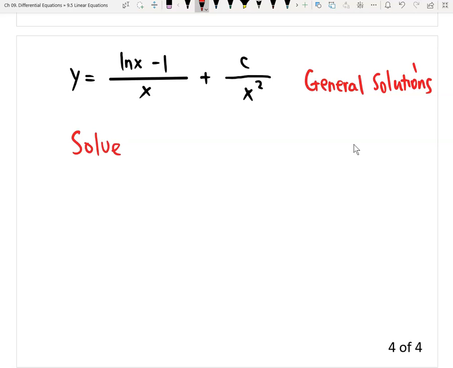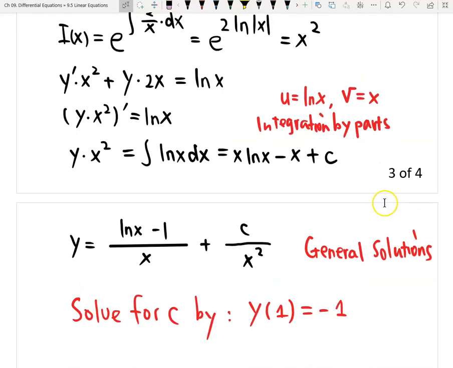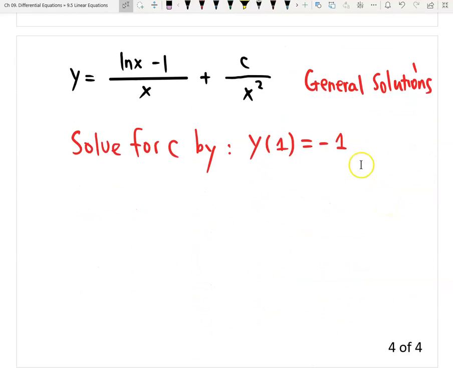It's just solving for C by the initial condition, which is y at 1 equals -1. This is from the question, so we copy that to here. Easy to do. Let me write the little steps.